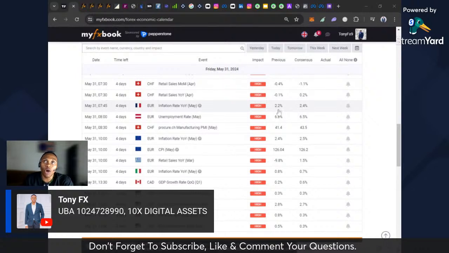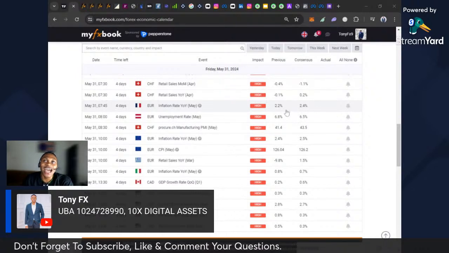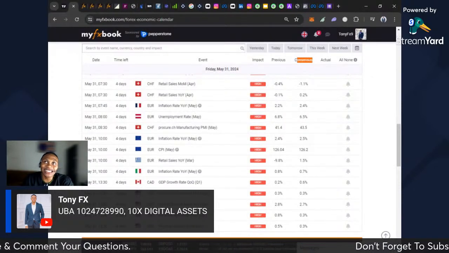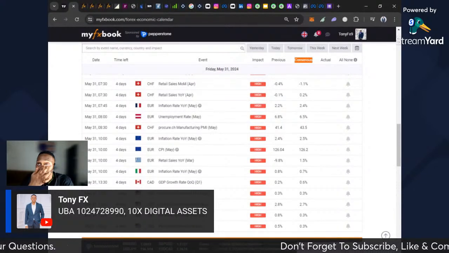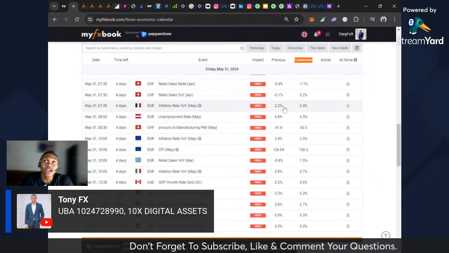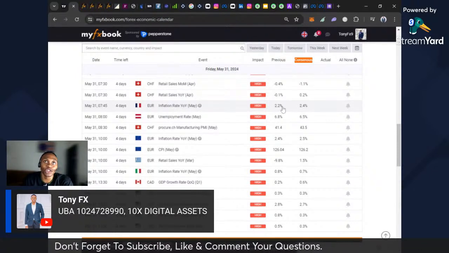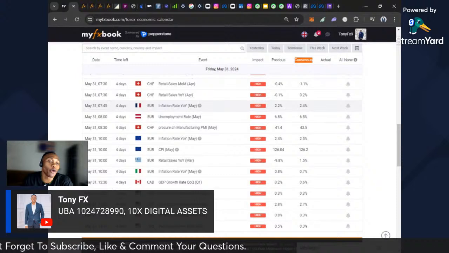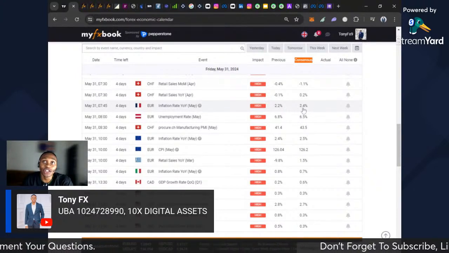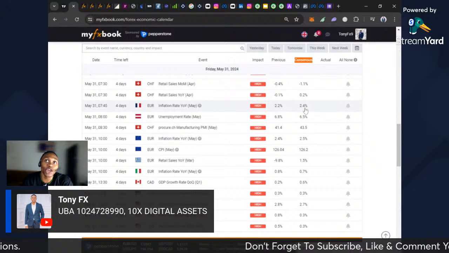Based on what analysts are saying, the consensus is that they are forecasting high chances that inflation is going to be higher than the previous data, because the last data of inflation in Europe, France to be precise, was 2.2%. And if the inflation increased to 2.4% on Friday or higher, Euro will be strong.